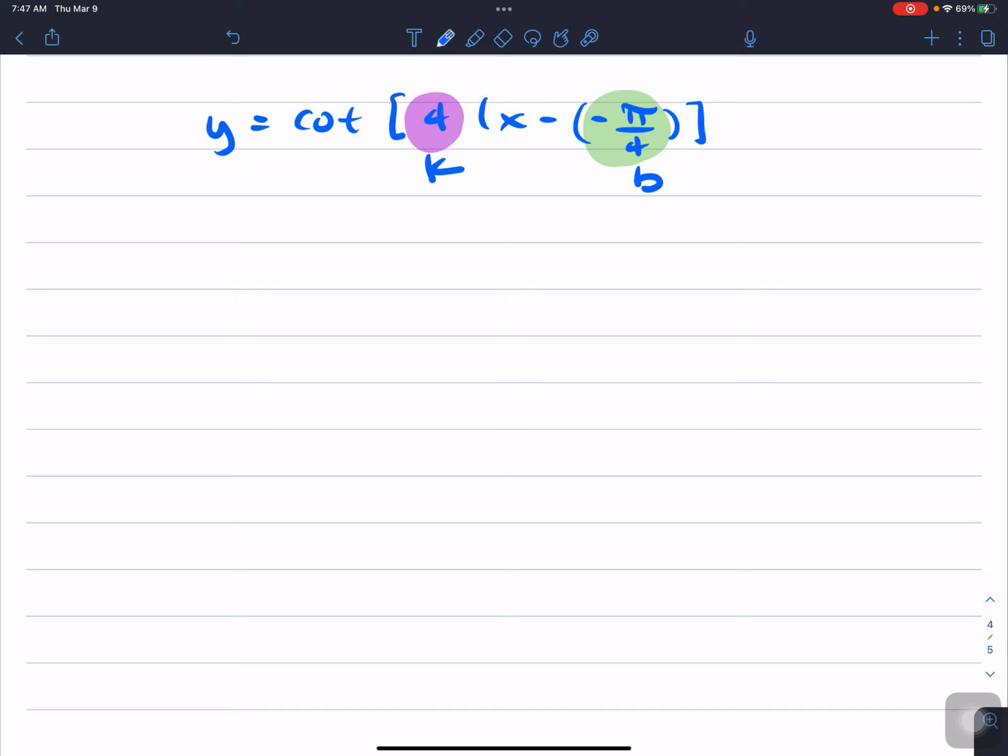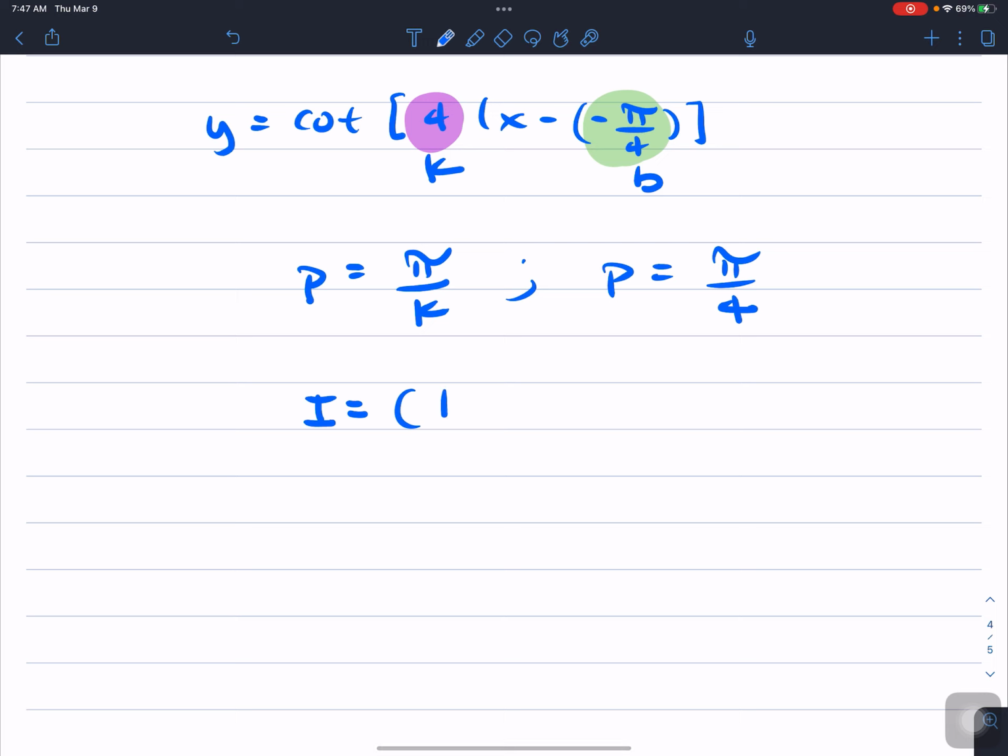So I guess we're going to have to start with the period, right? So period is pi over K, which is really pi over 4. There's my period. My interval of one cycle. What curve is this? Is this cotangent? I have to have the right interval.